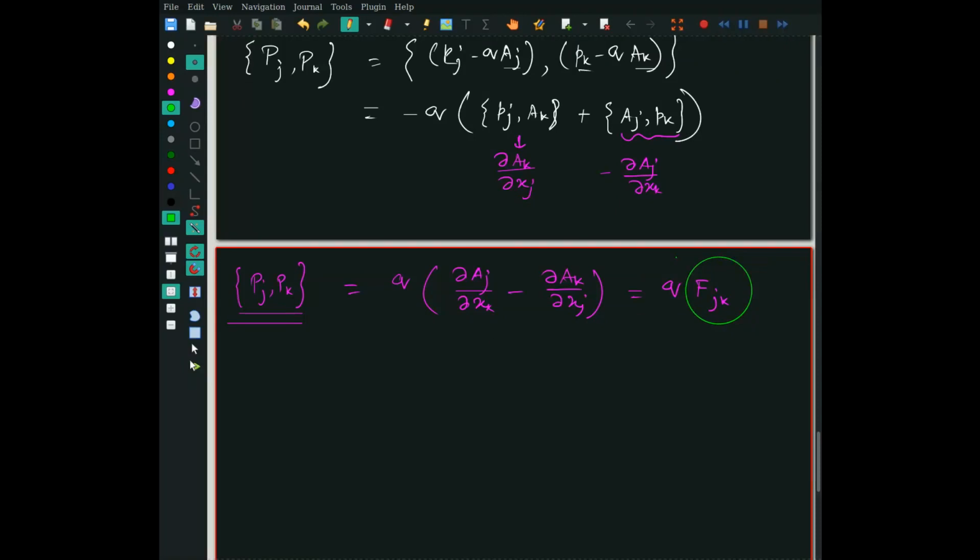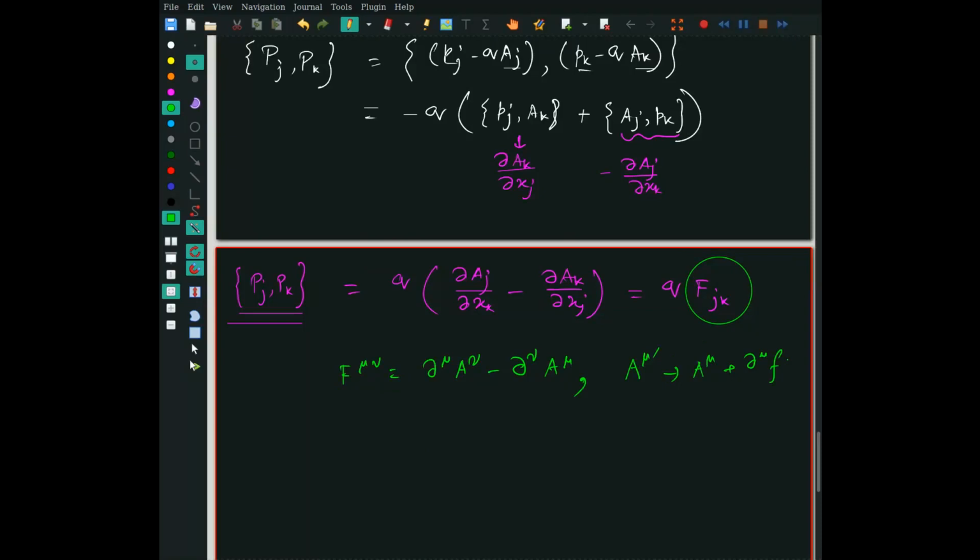But the thing you notice is that this Fjk is invariant under a gauge transformation. Remember that F mu nu was del mu A nu minus del nu A mu, and the gauge transformation in 4-vector notation was given by A mu prime equals A mu plus del mu f.